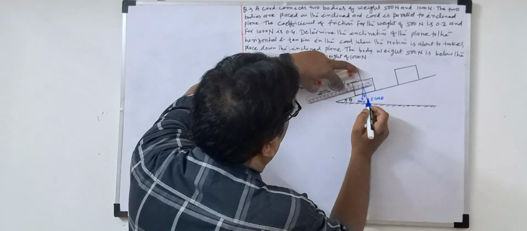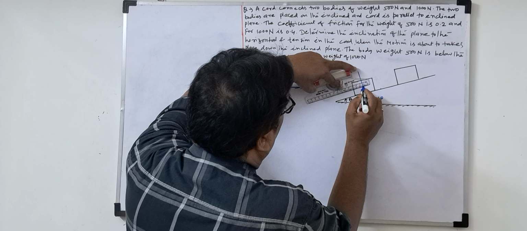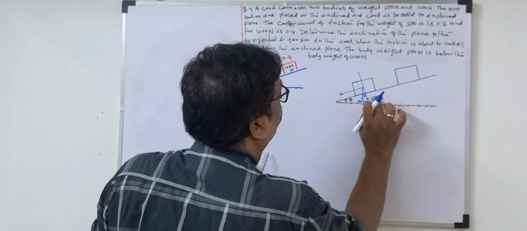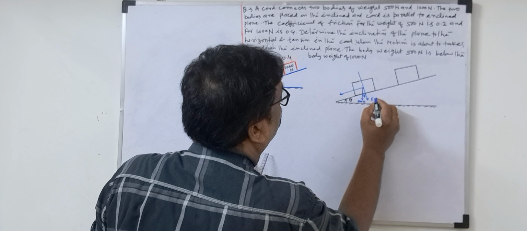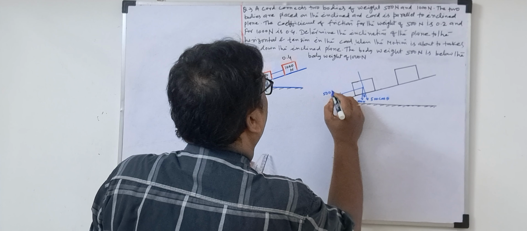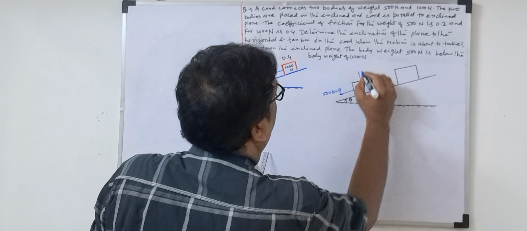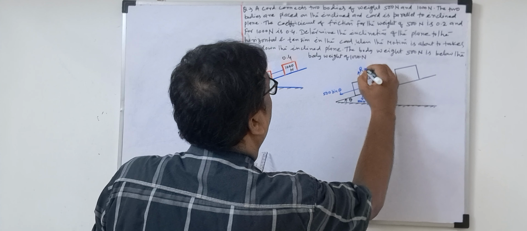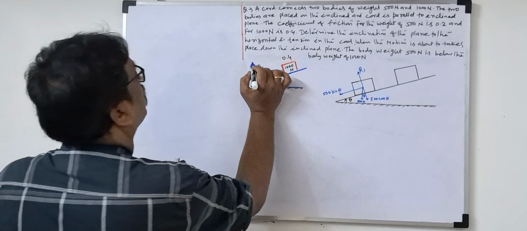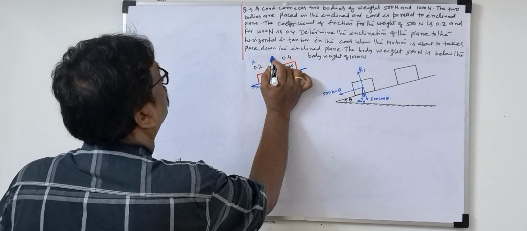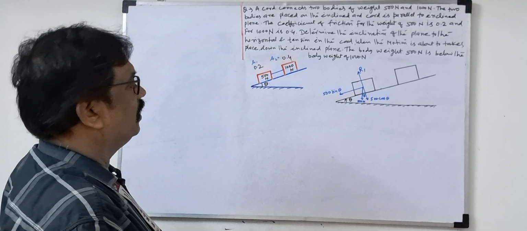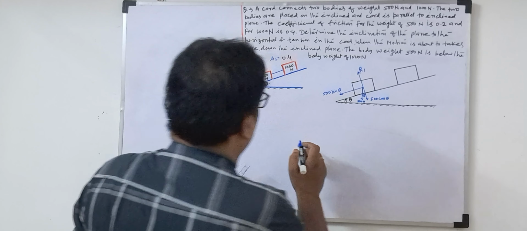Then draw the perpendicular line; this is 500 cos theta, this is 500 sin theta, and this will be the R. So take R1, and take mu1 and mu2. Okay, R1.